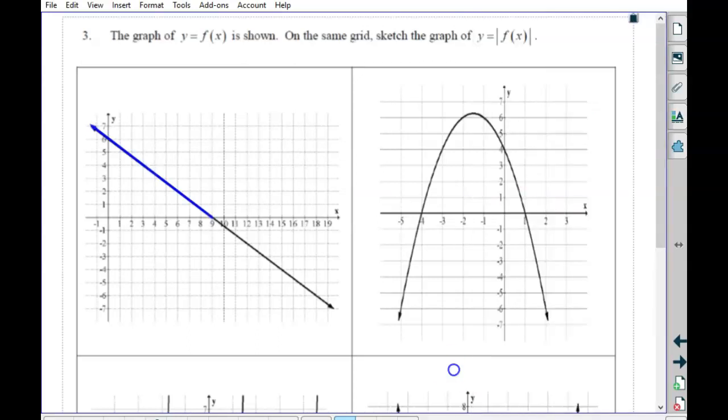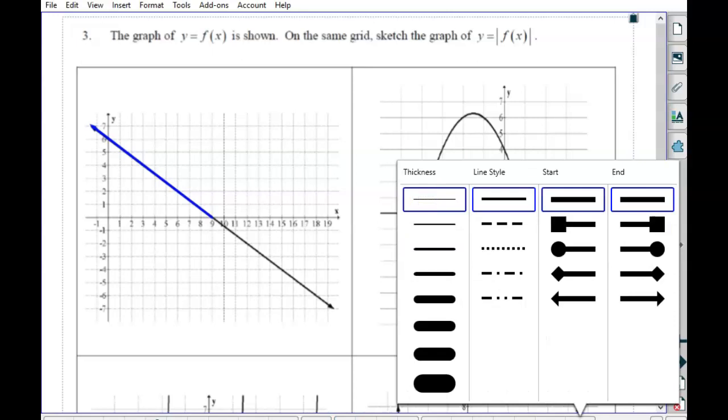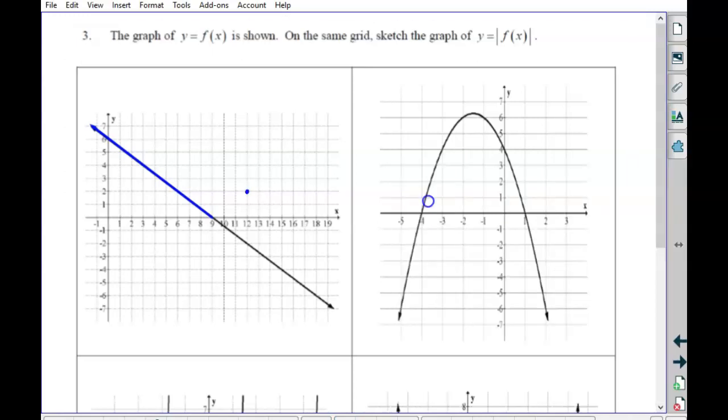Then these ones, the y values are below, so I do change that. In this case, you can choose a few nice values if you want. So -2 becomes +2. Up here, -2 becomes +2.